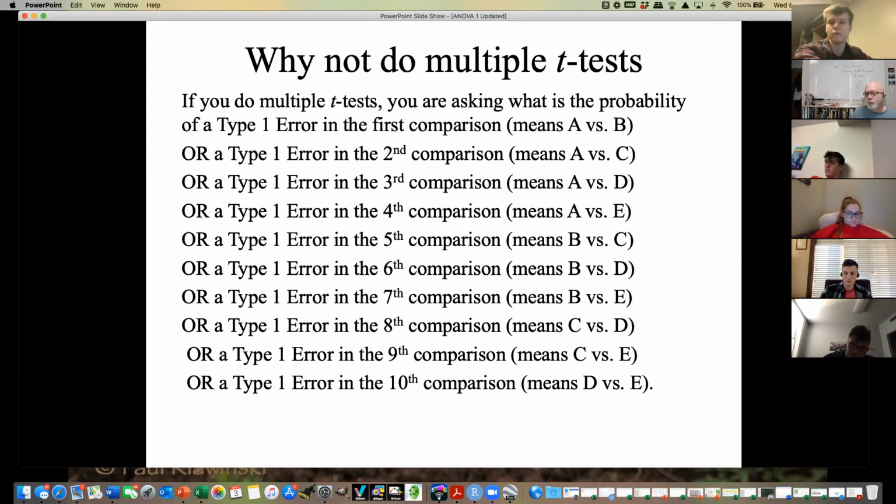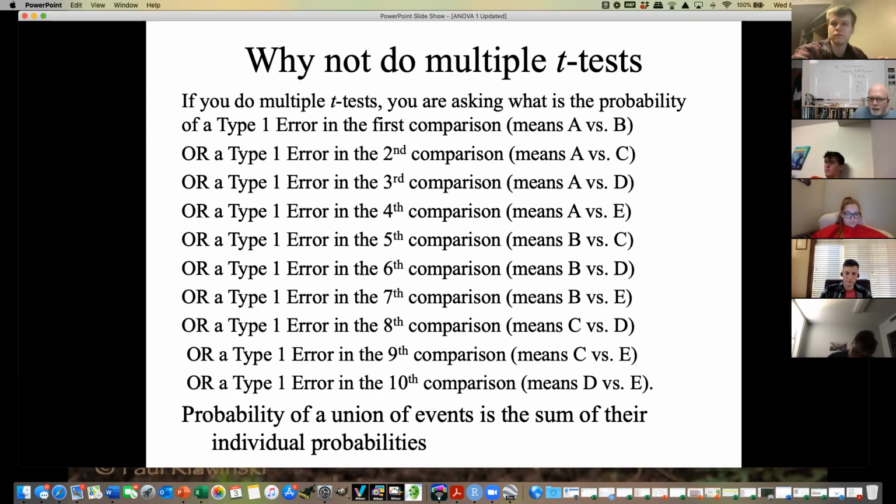And so what you need is a method by which you can test all these comparisons while maintaining your experiment-wide type 1 error rate at 0.05. And that's what analysis of variance does.